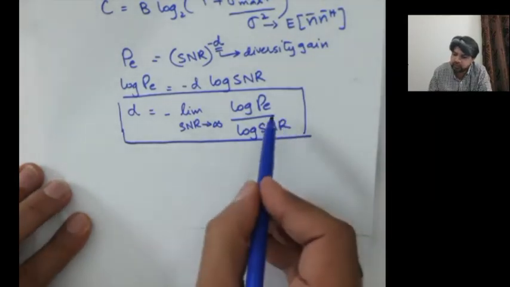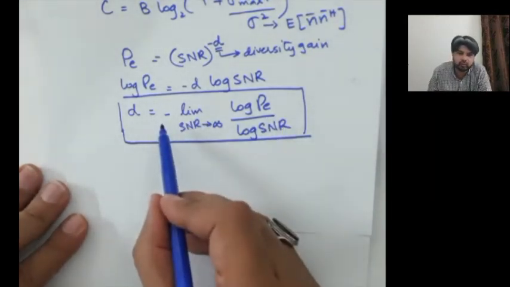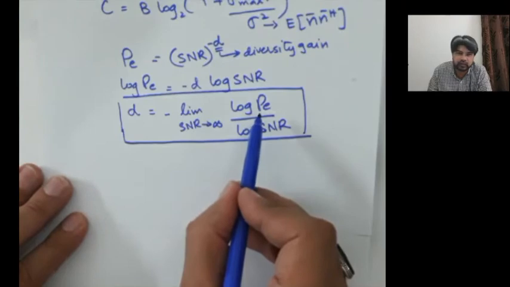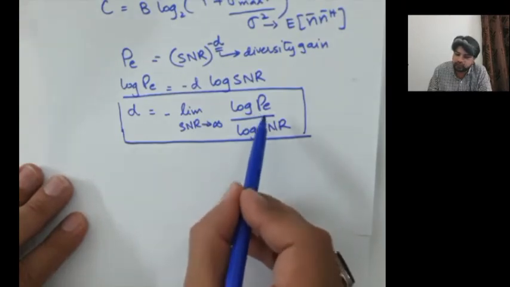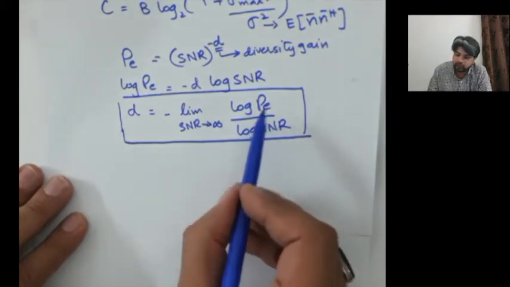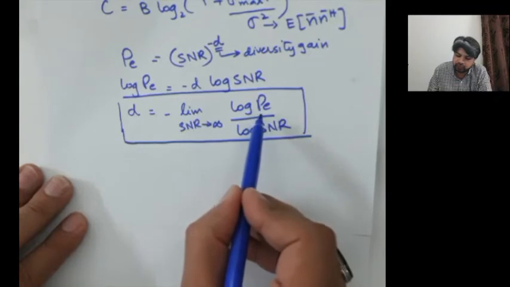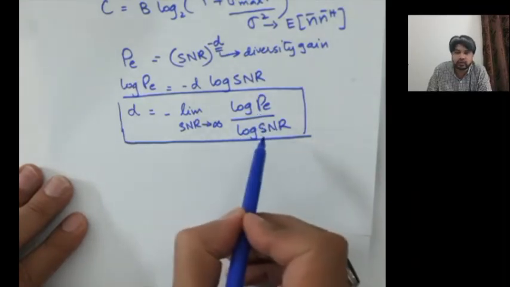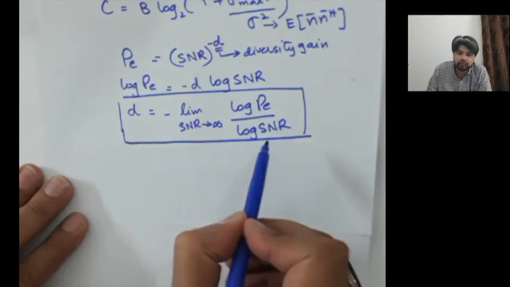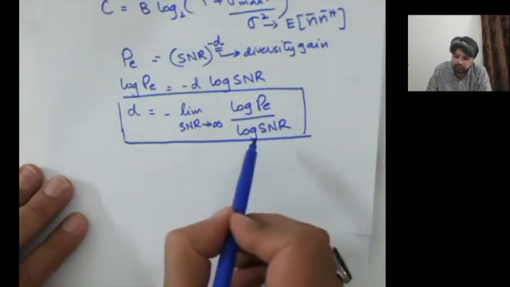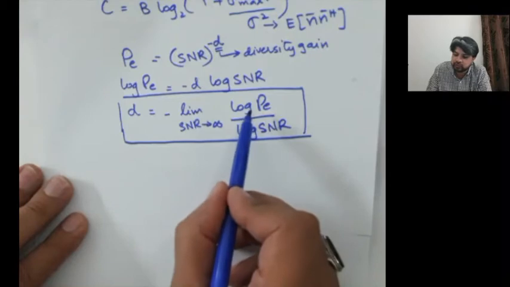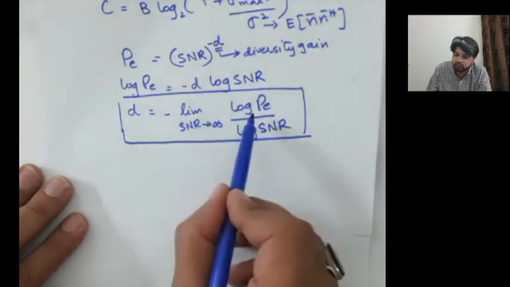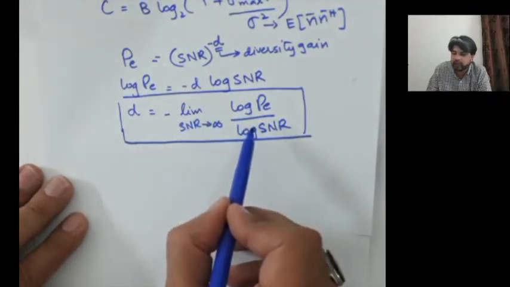So that is a typical definition of the diversity gain you have. That means it is the minus of the slope of the bit error rate curve, where log of PE would be on your y-axis and SNR in dBs would be on your x-axis. So this is nothing but the minus of the slope of the bit error rate curve at high SNR.